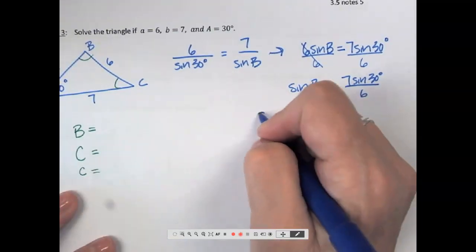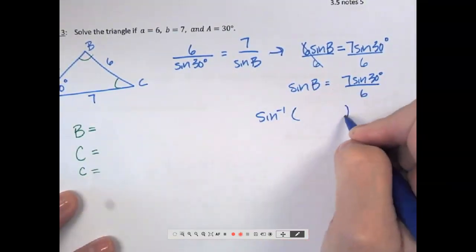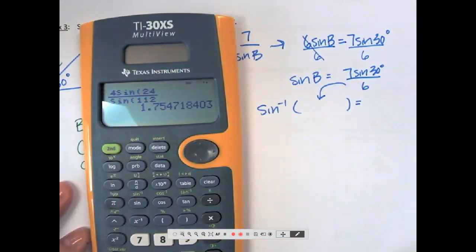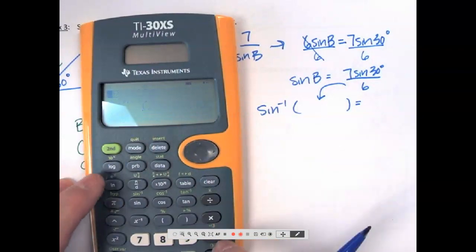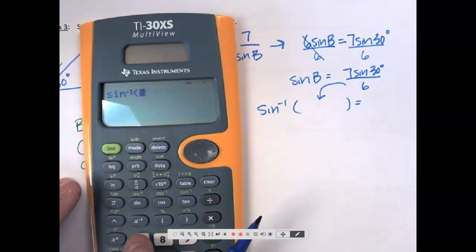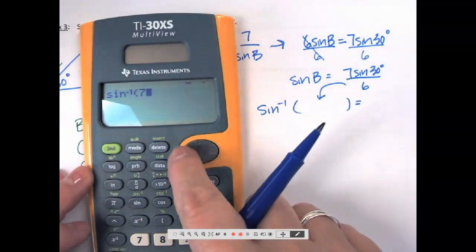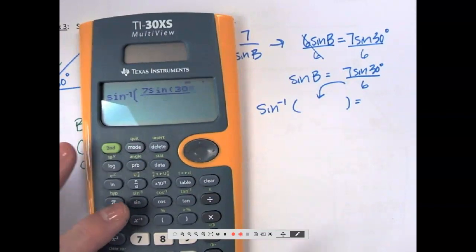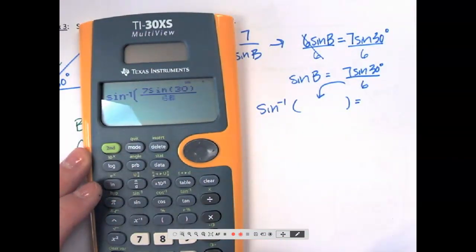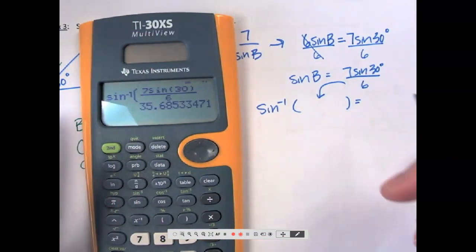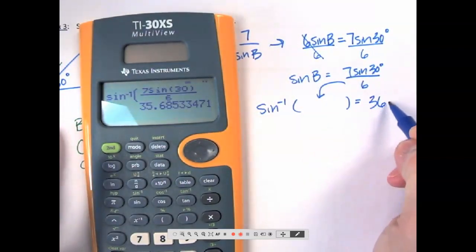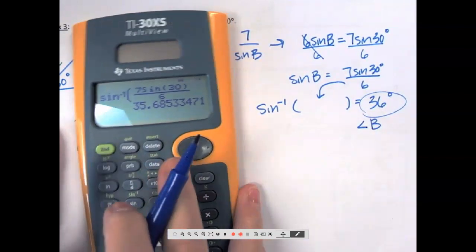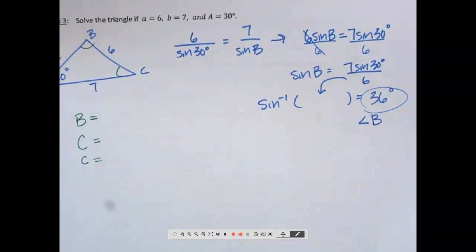Inverse. So sine inverse of that fraction there will tell me what angle B is. And I get about 36 degrees. Is everybody good with that?